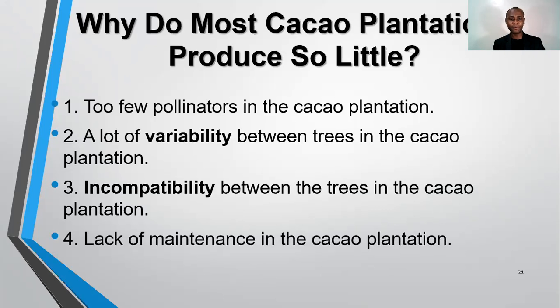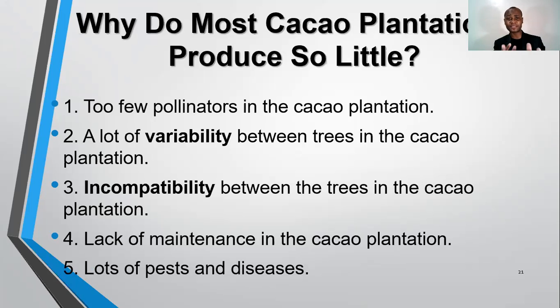And then number four, lack of maintenance of the farm. And then number five, a lot of disease and pest conditions. So we are going to talk about some of these, especially variability and incompatibility. We'll talk a little more about that.